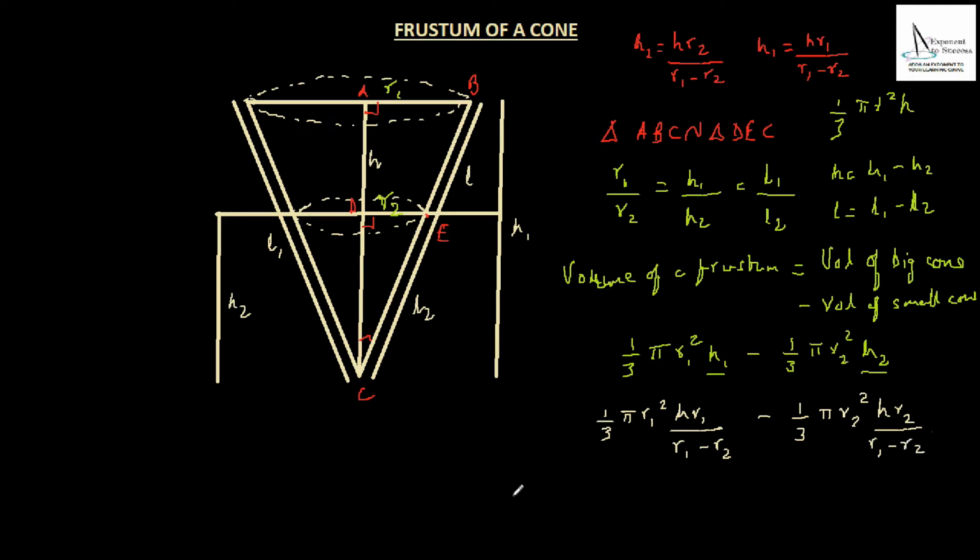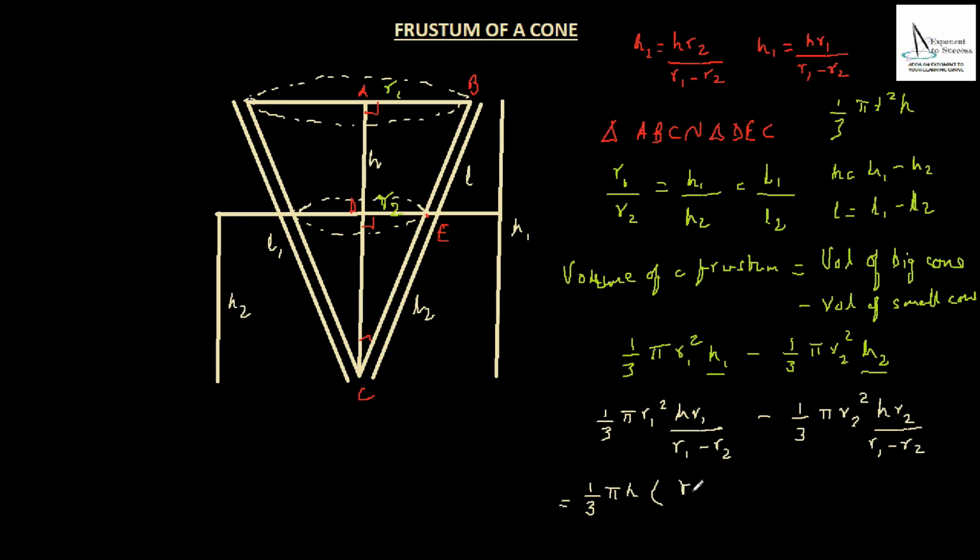Now simplifying this, we can obviously take a few things common out here. So if I factorize out the 1 by 3, we can factorize out the pi, and we can factorize the h as well. So what will be left inside is with r1 square times r1, which is going to be nothing but r1 cube.